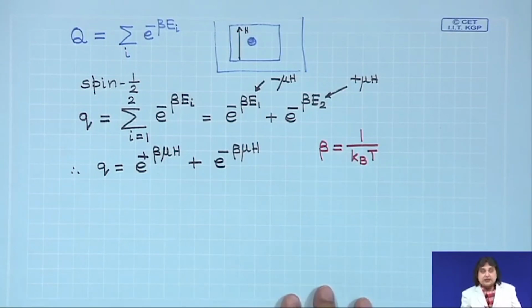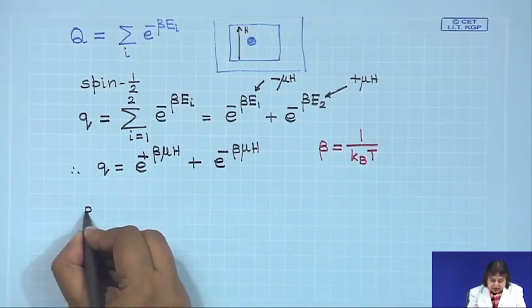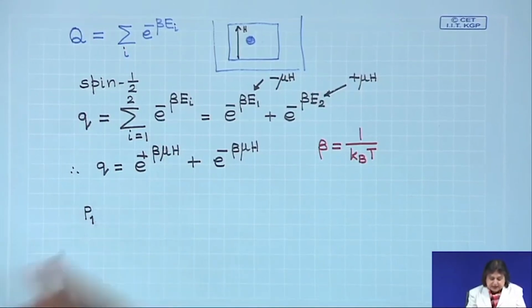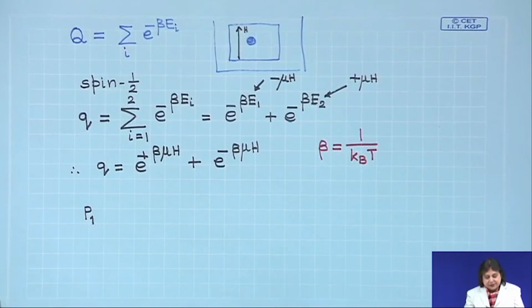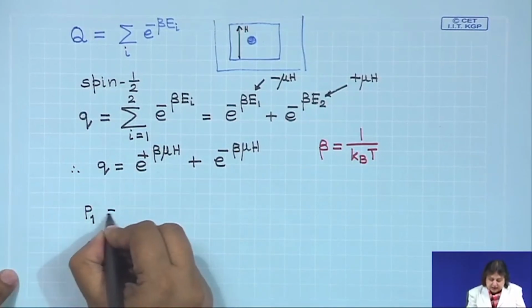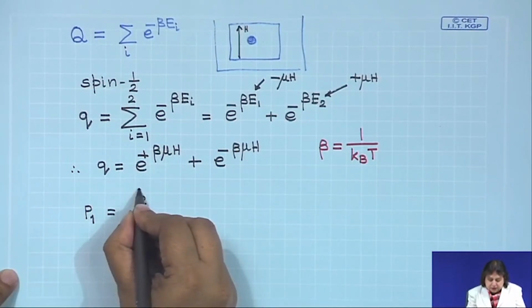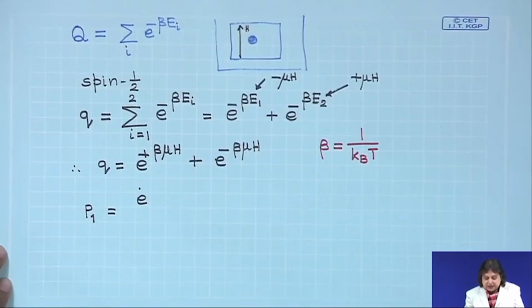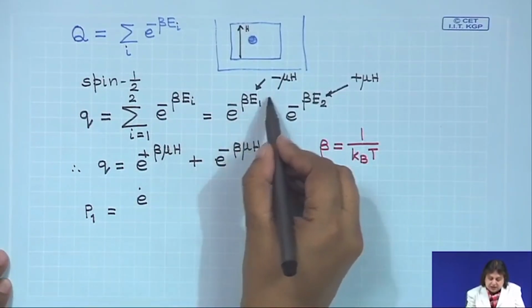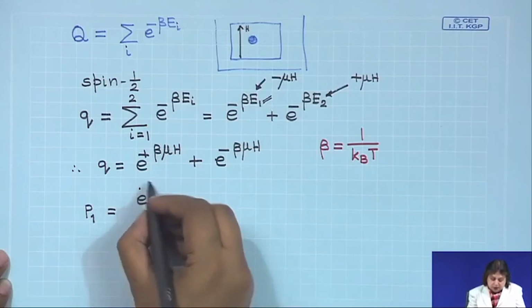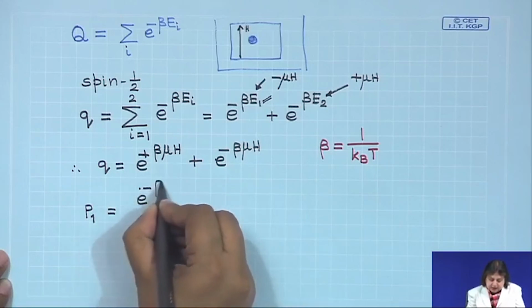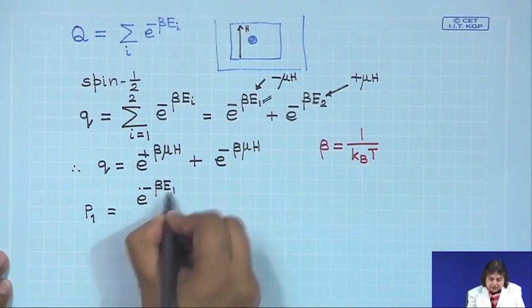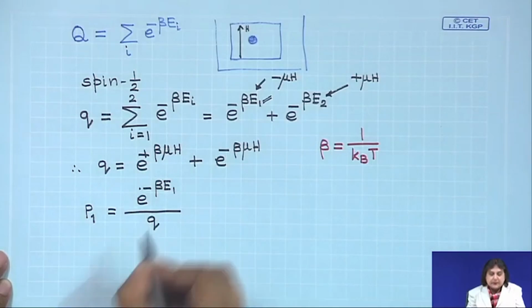Now, once you know this small q, I can very easily answer questions like, what is the probability that this single particle has an up spin? Obviously the answer is e to the power of minus beta E1, since up spin corresponds to the first energy state, divided by q.